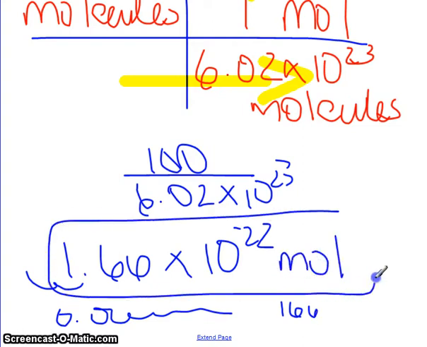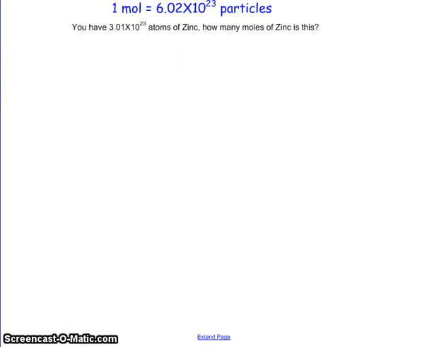If we have 3.01 times 10 to the 23rd atoms of zinc, how many moles of zinc is this? Zinc is an element by itself, so we say atoms. Start with our T-chart.